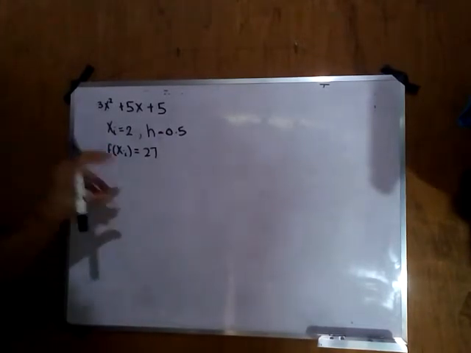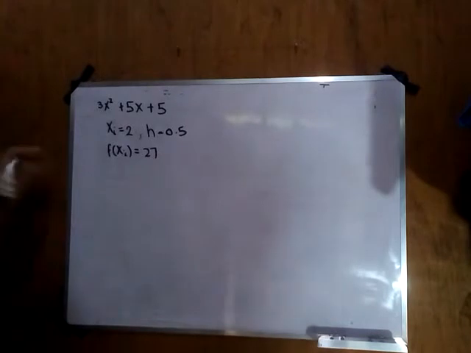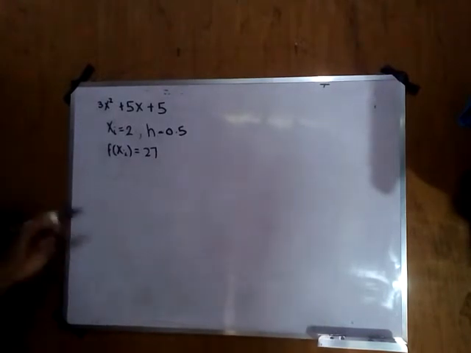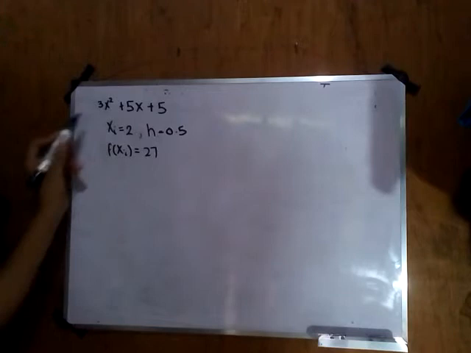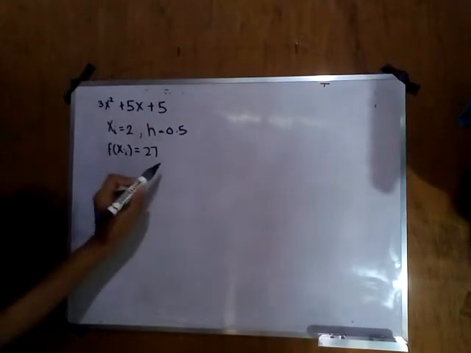So we will be using forward divided difference, center divided difference, and backward divided difference to solve the slope at the point 2.